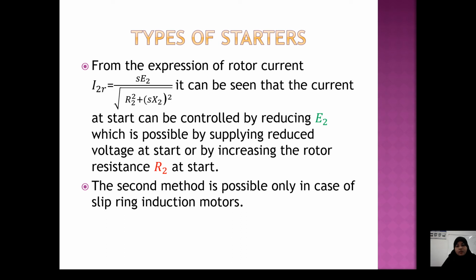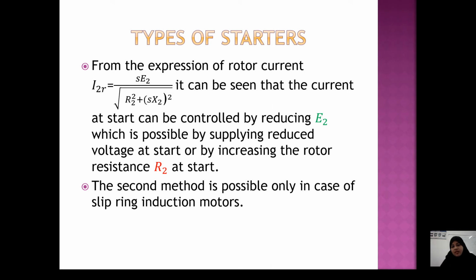The second method is to increase the rotor resistance R2 at start. So one method is reducing the voltage at start, and the second method is increasing the rotor resistance R2 at start. The second method is possible only in the case of slip ring induction motors. Why?